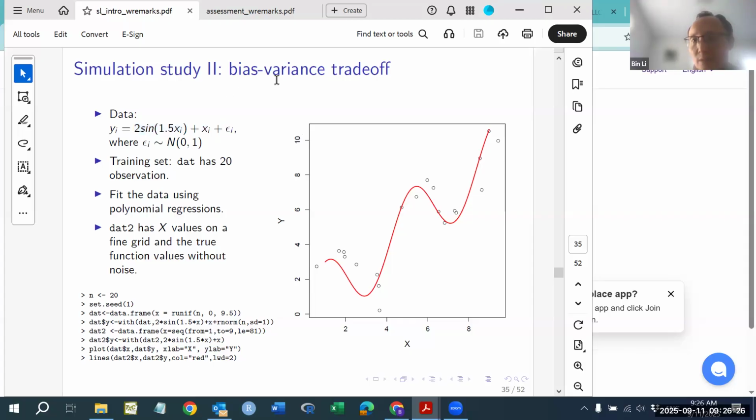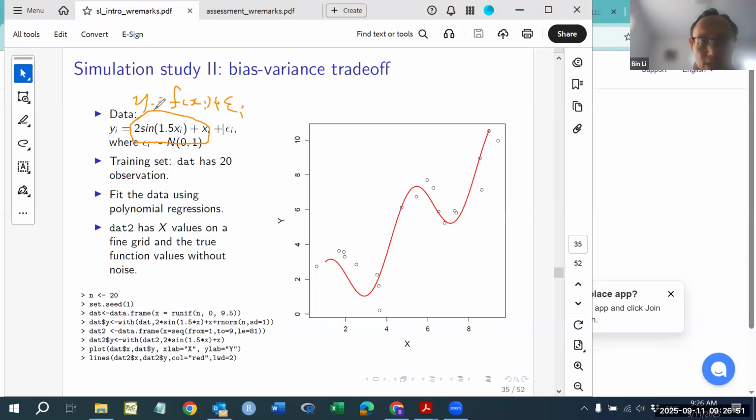This part that I circle, that is f(x). Okay, so that's f(x_i) plus the random noise, that's the epsilon i, and that equals y_i.